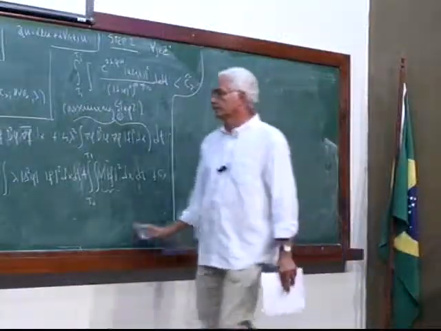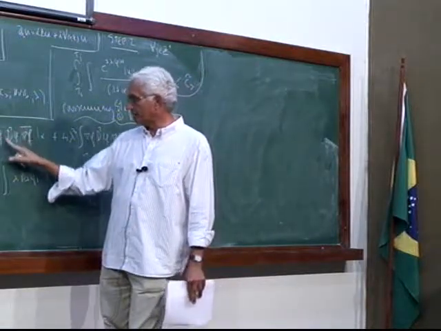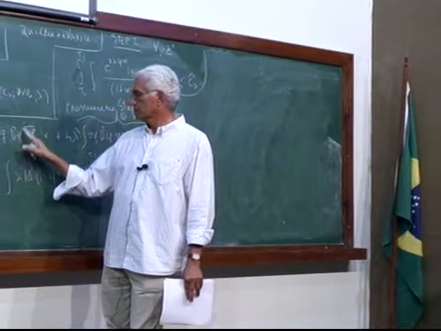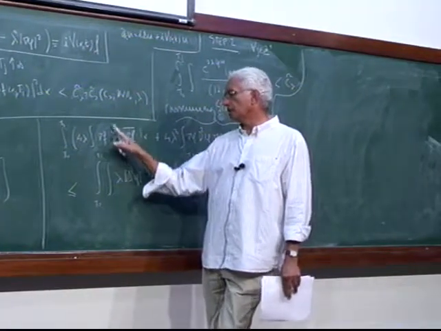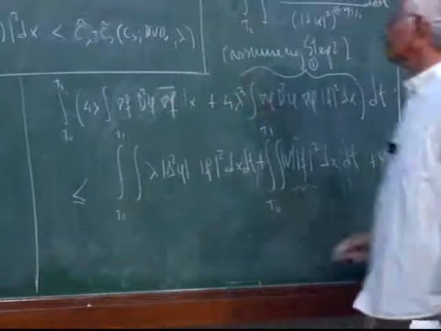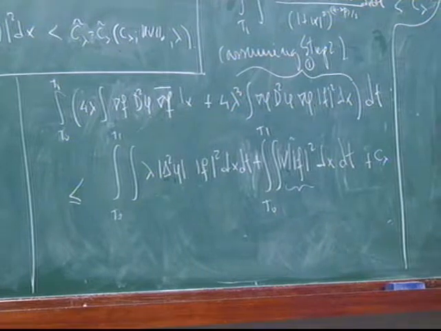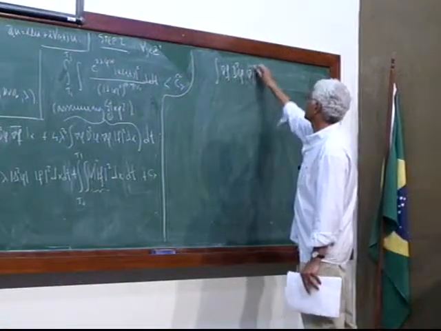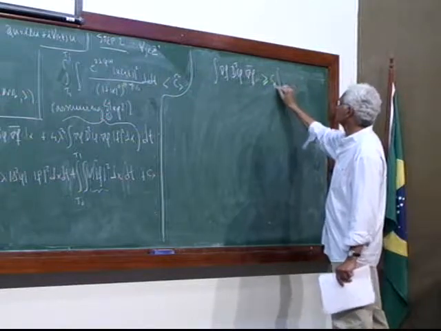Look what you have here. This function is strictly convex. Phi is strictly convex in a compact domain. Then, on the unit ball, it is strictly convex. You have that this quantity is larger than this sum.